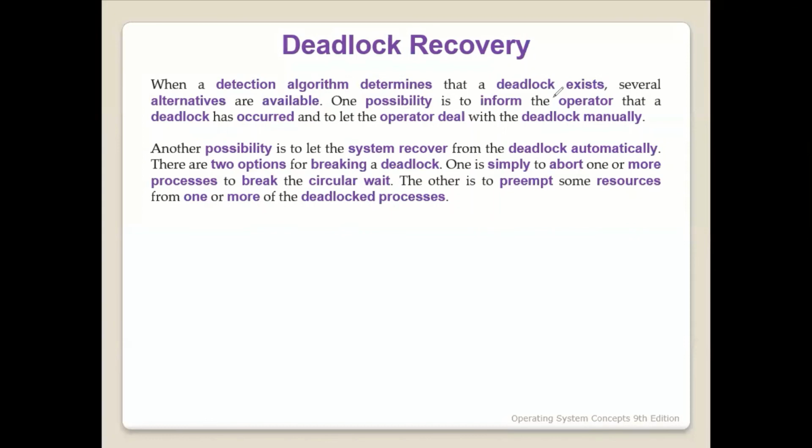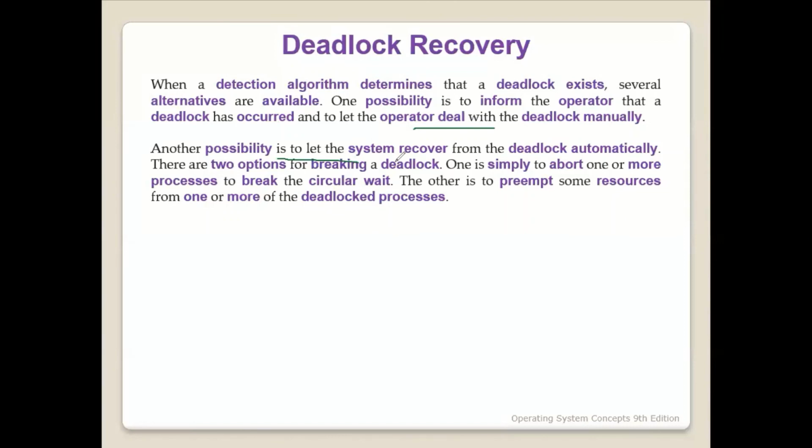One option is to let the operator deal with the deadlock and come back manually. Another possibility is that the system recovers from the deadlock automatically. So these two options will break the deadlock.